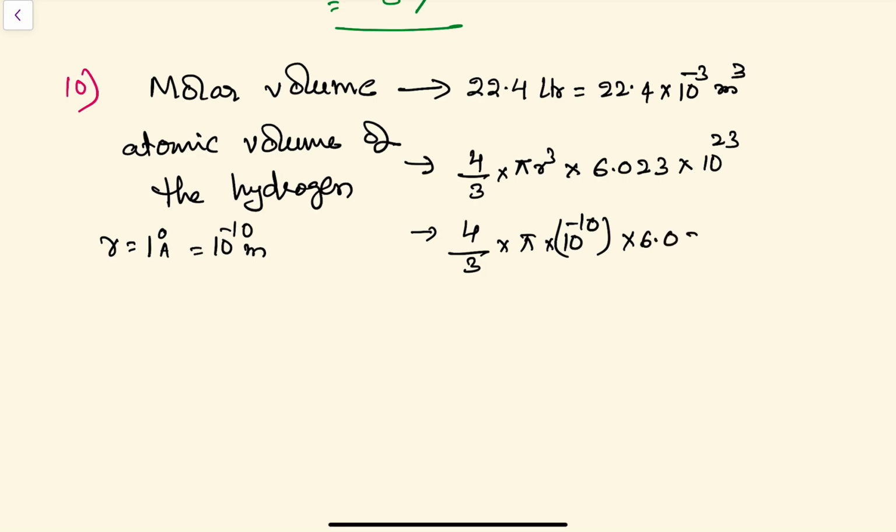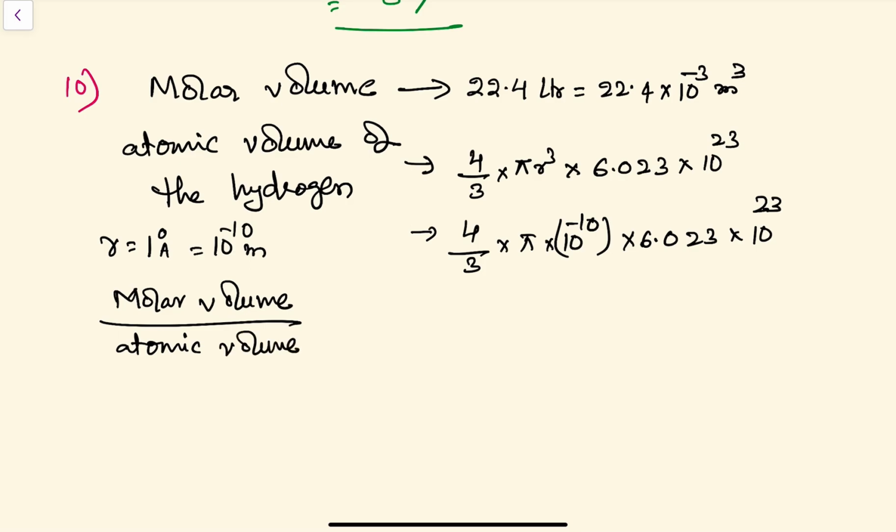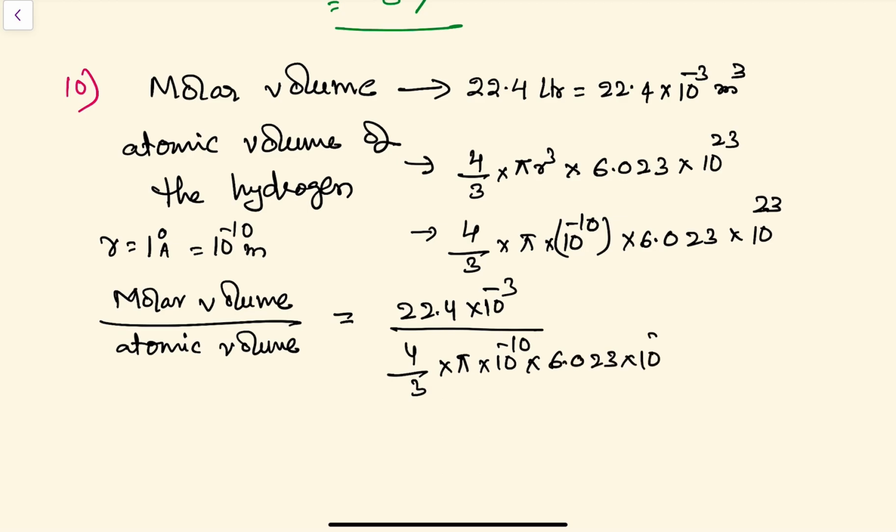Now the ratio of molar volume to atomic volume is equal to 22.4 into 10 power minus 3 by 4 by 3 into pi into 10 power minus 10 cubed into 6.023 into 10 power 23.